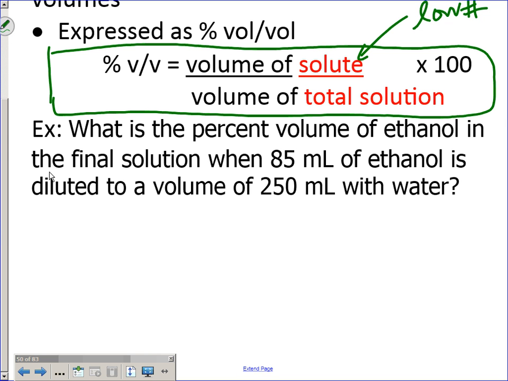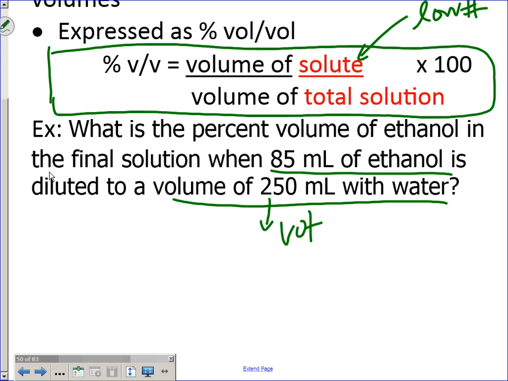What's the percent by volume of ethanol in hand sanitizer if you have 85 milliliters of ethanol and that's diluted in a total volume? So the total volume just happens to be with water.